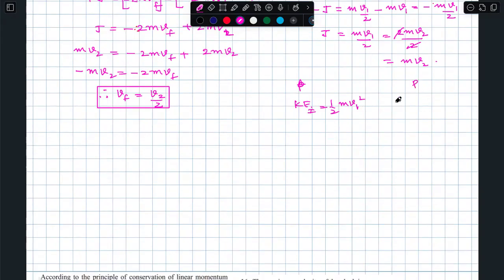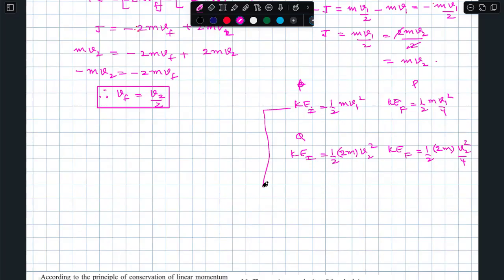For P, kinetic energy finally is half m V1 square by 4. For Q, kinetic energy initially is half 2m V2 square. Kinetic energy finally is half 2m V2 square by 4.